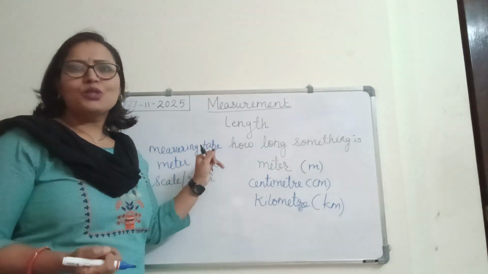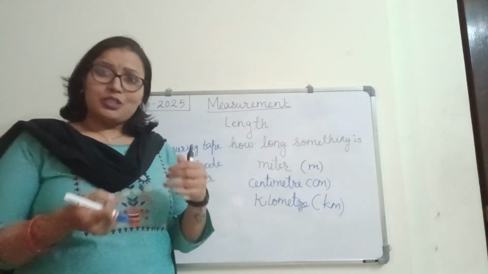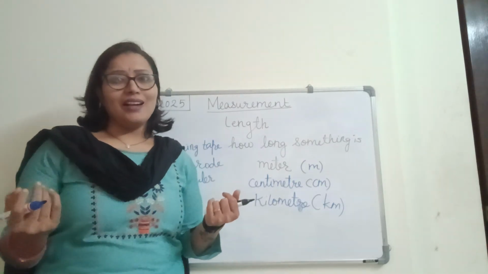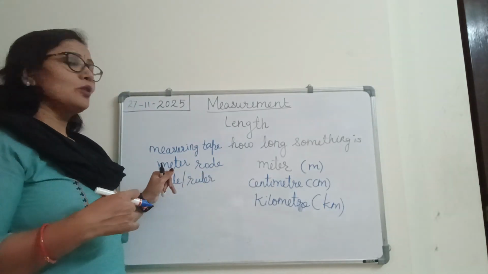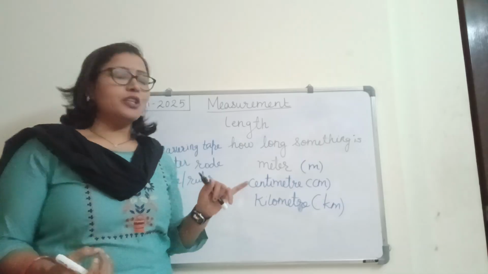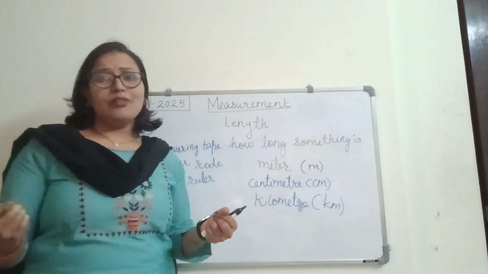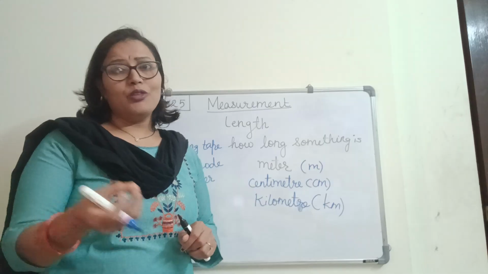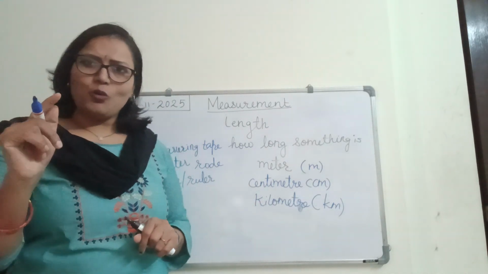He will use the measuring tape to take the measurement of your body. Meter rod, suppose you want to buy some cloth, at that time you can see in the shop that the shopkeeper will measure the length of the cloth using the meter rod. And scale, you use in your class, we use the scale to measure any small objects.